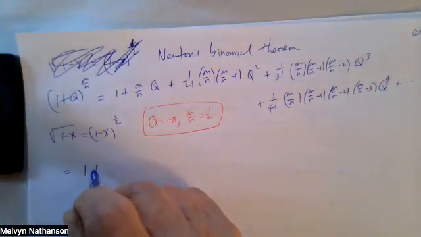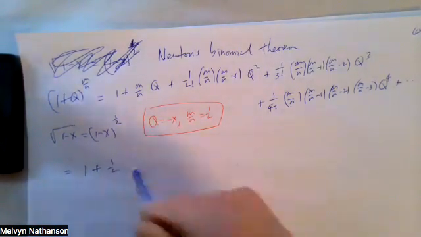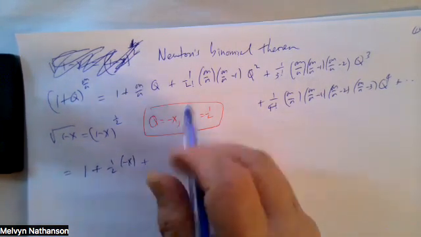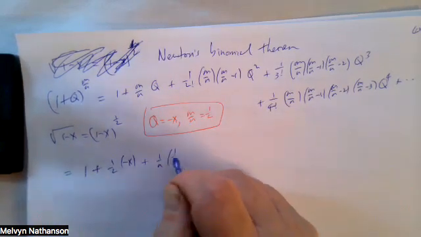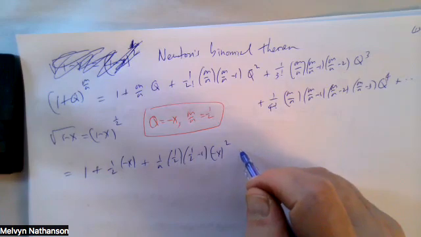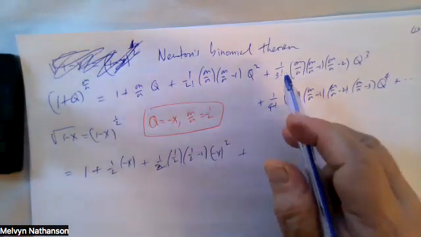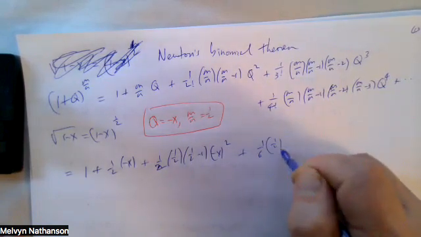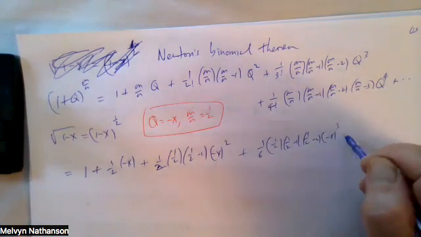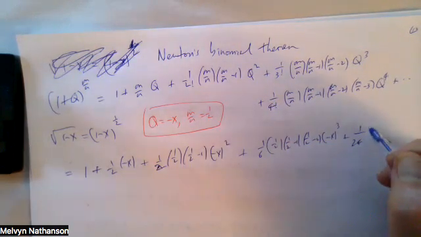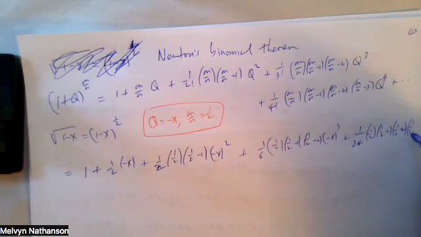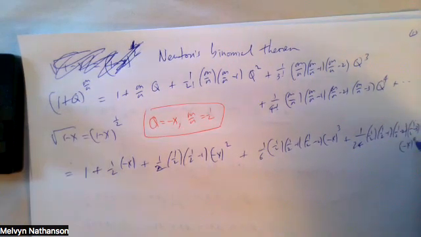So this equals 1 plus a half times minus x, plus 1/2 times a half times a half minus 1 times minus x squared, plus 1 over 6 times a half, a half minus 1, a half minus 2, times minus x cubed, plus 1 over 4 factorial, which is 24, times a half, a half minus 1, a half minus 2, a half minus 3, times minus x to the 4th, and so forth.